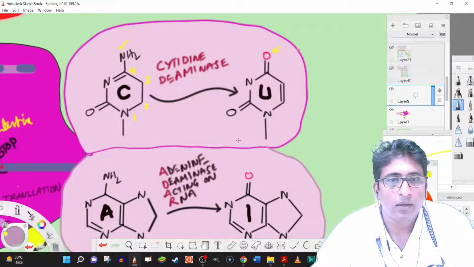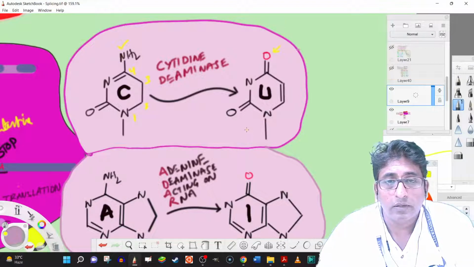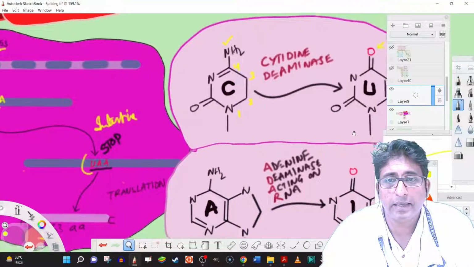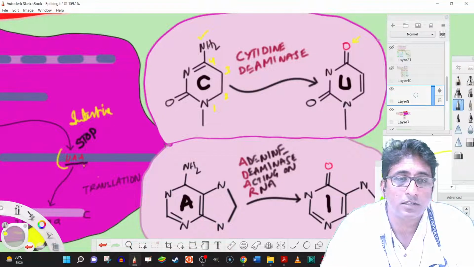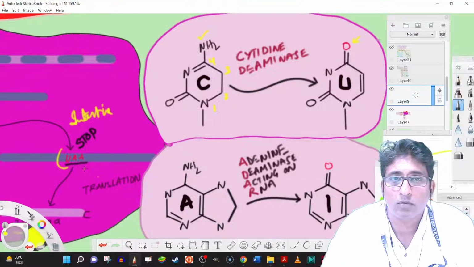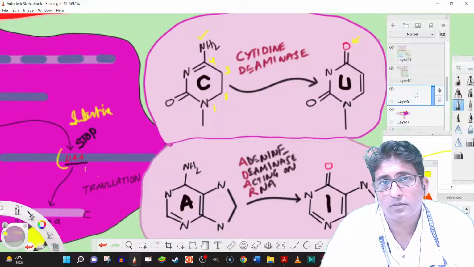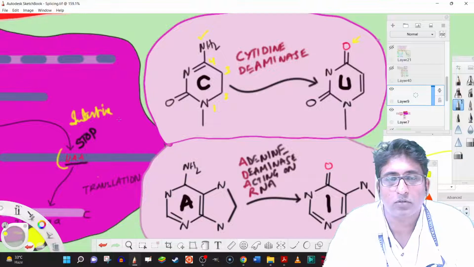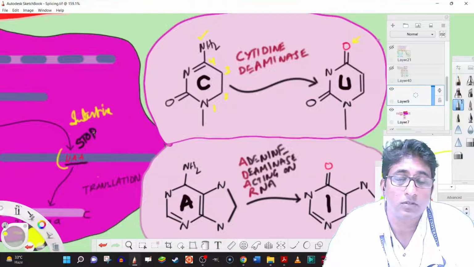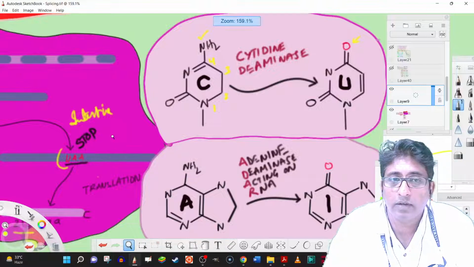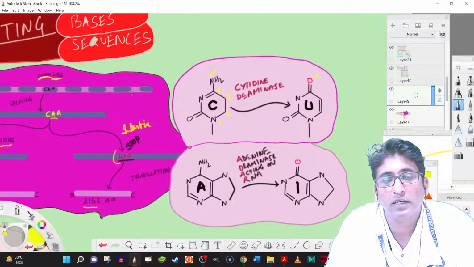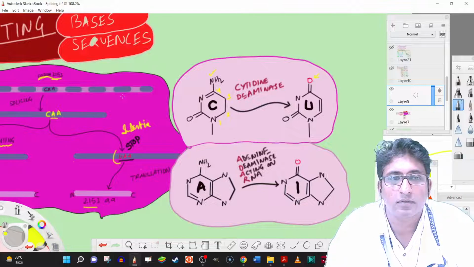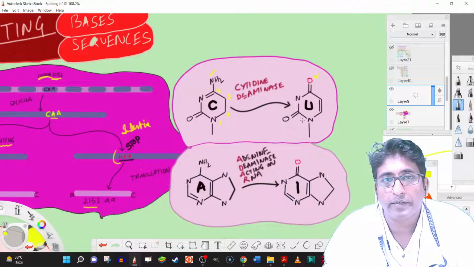That is how a sense codon, CAA, which was coding for glutamine, could result in UAA, a stop codon. This is not, of course, a mutation, because it is happening in the RNA. If base sequence changes happened at the level of DNA, we would call that a mutation, but at the RNA level, we don't.